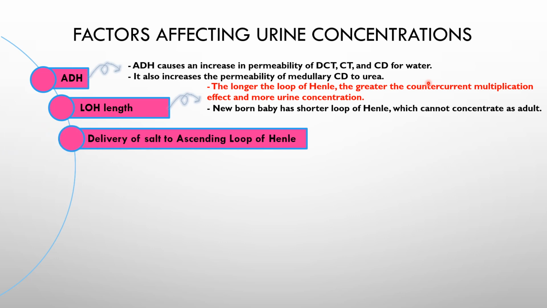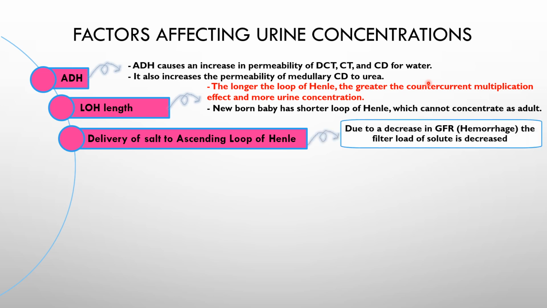Delivery of salt to the ascending loop of Henle. Due to a decrease in the glomerular filtration rate, the filtered load of solute is decreased.